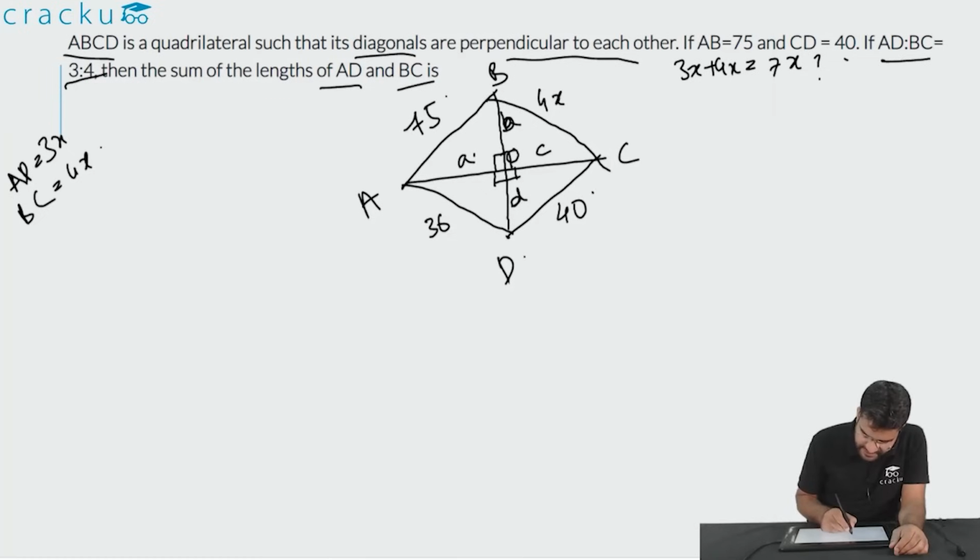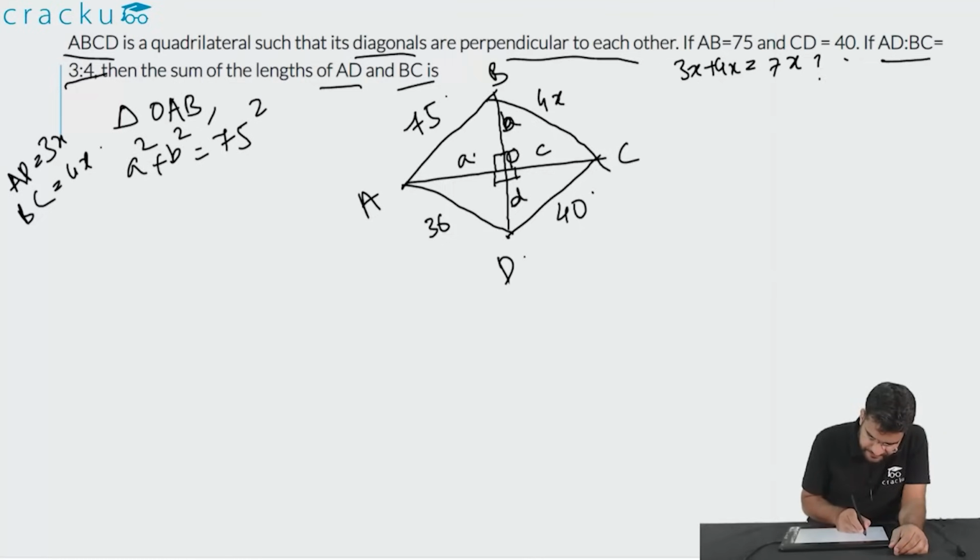So if you look at the triangle OAB, a square plus b square is equal to 75 square. Similarly, b square plus c square is equal to 16x square. This is from the triangle OBC.